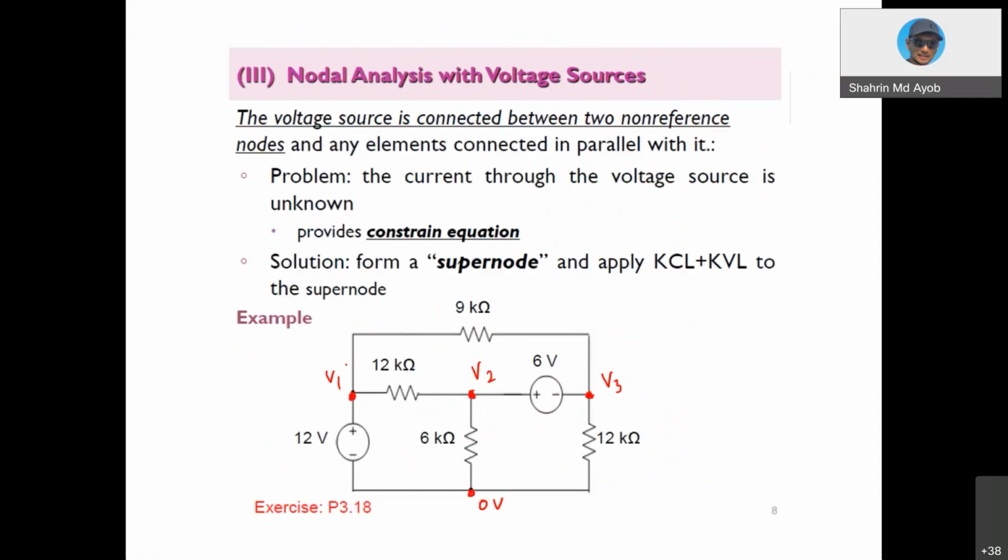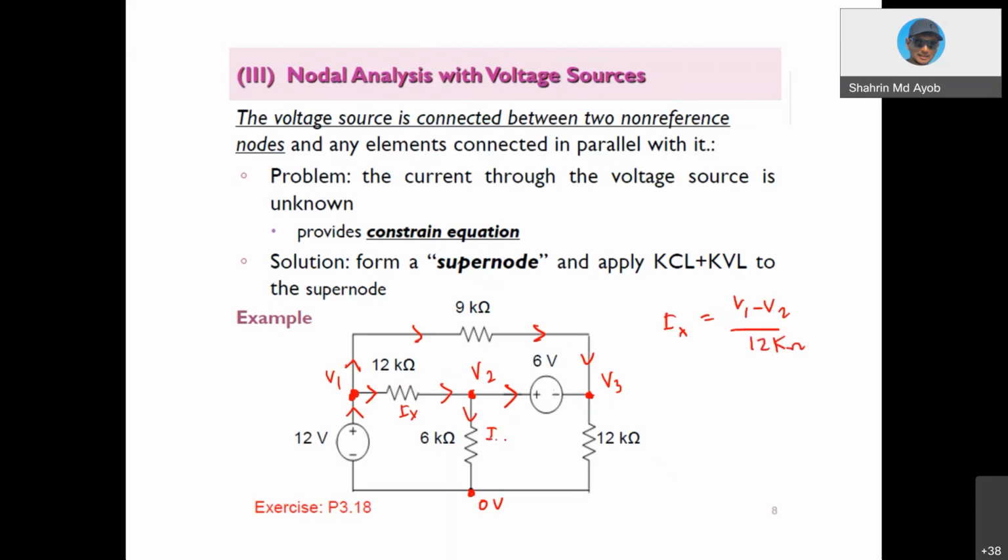Next, you need to assume the current direction into every node. Now, if you have a resistor, for example this one, IX, it is very easy: V1 minus V2 over the resistor.